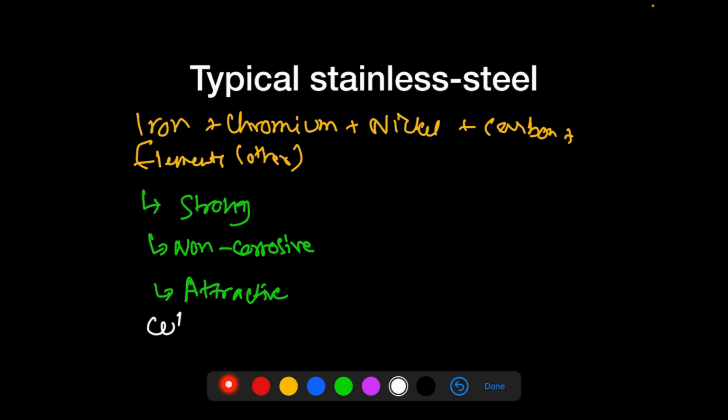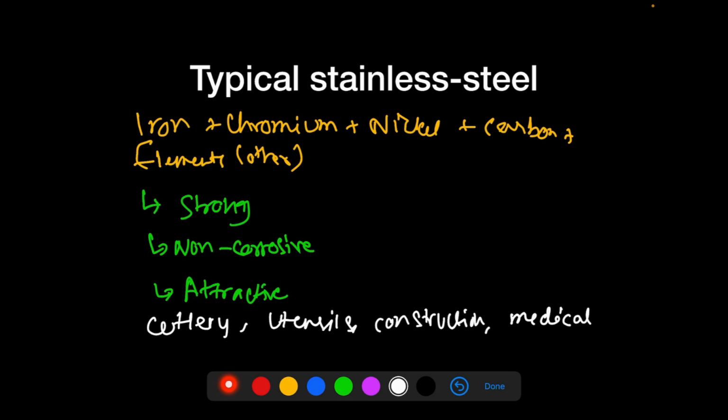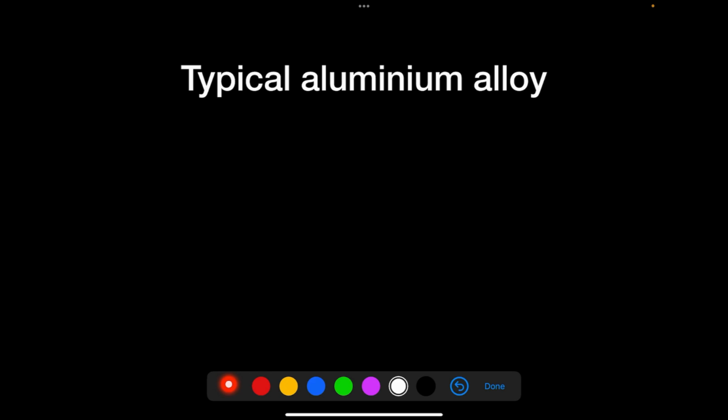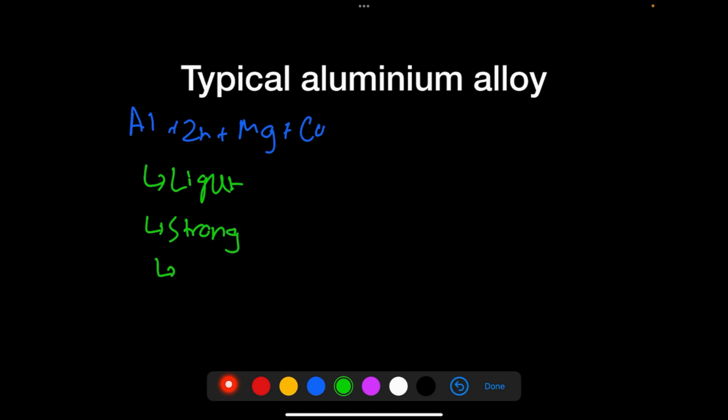Some uses include cutlery, utensils, construction, and medical equipment. Now we look at a typical aluminium alloy, which is aluminium plus zinc plus magnesium plus copper. Its special properties are it is light, it is strong, and it is non-corrosive. Some of its uses are aircraft and spacecraft.